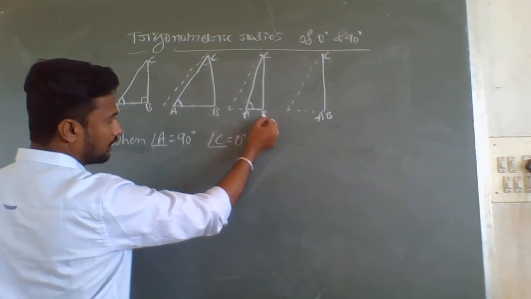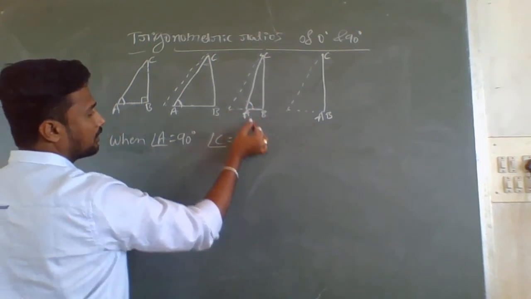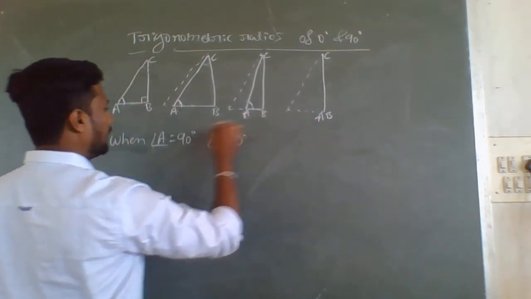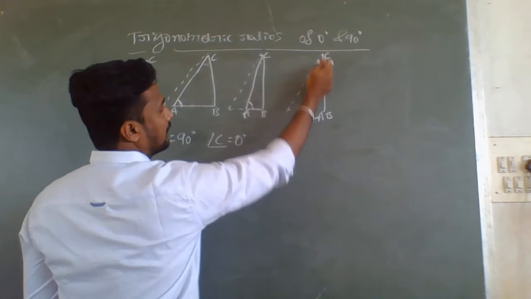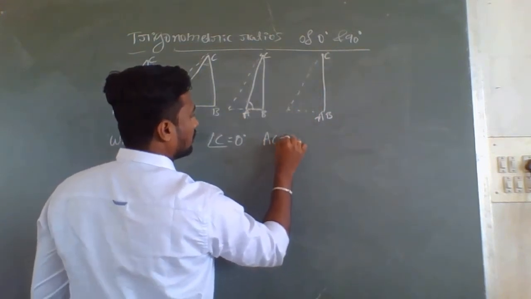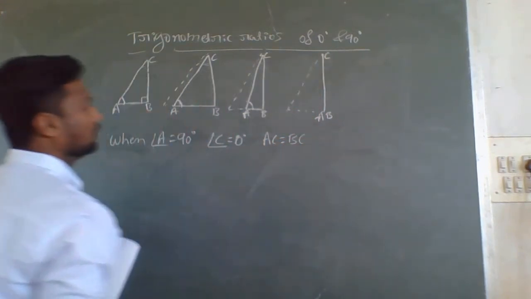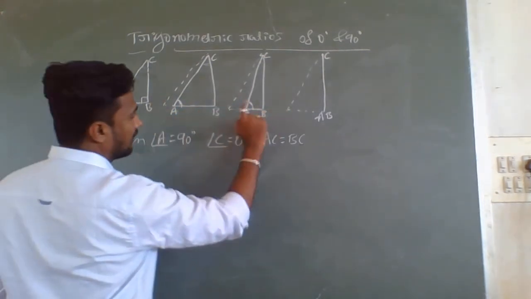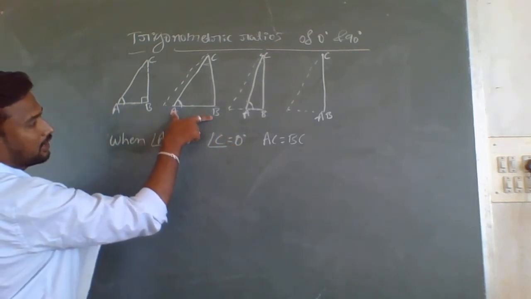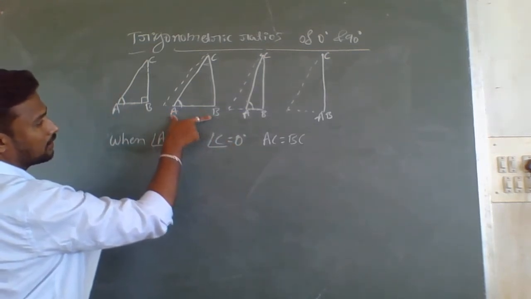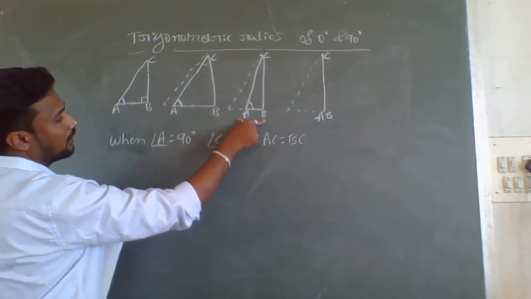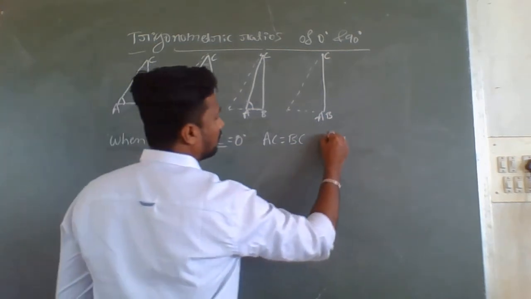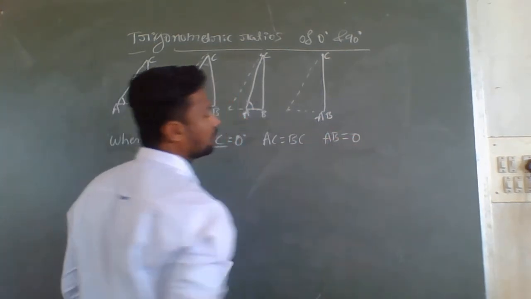Point A becomes very near to point B when we increase angle A, and these two sides are equal. As we increase angle A, the length of AB is also reducing, and finally when angle A becomes 90 degree, the length of AB becomes 0.